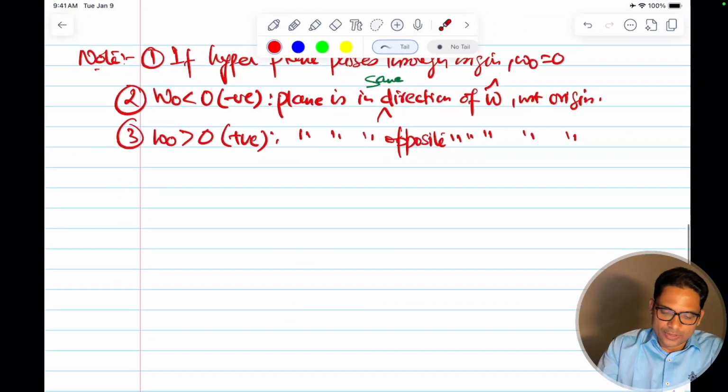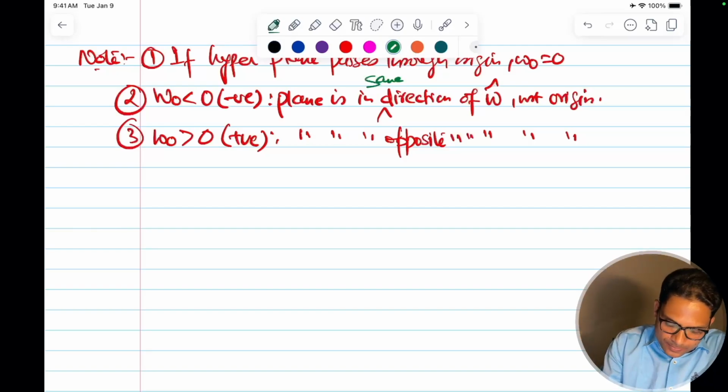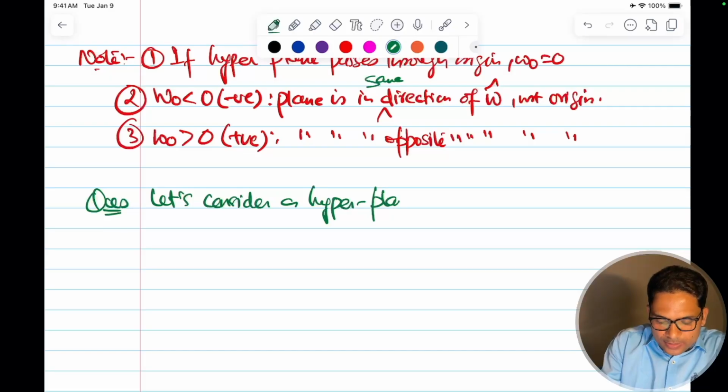Okay, let's do a simple example. Let's consider a hyperplane in 2D, that is our line. This is the most simplified view.